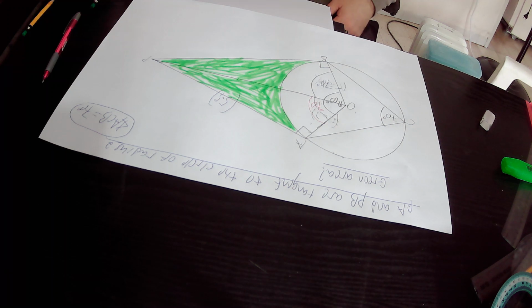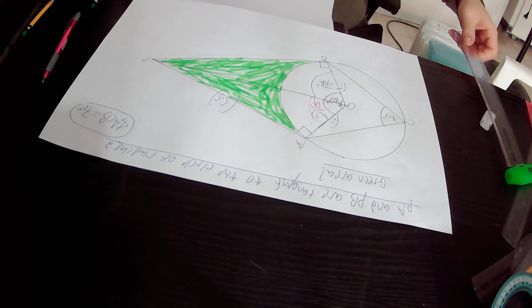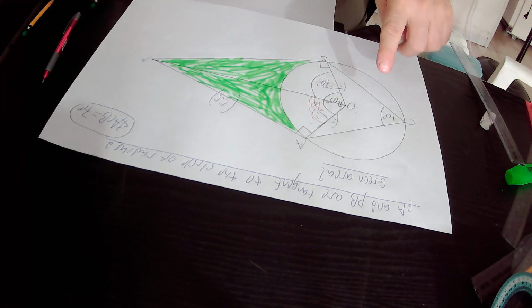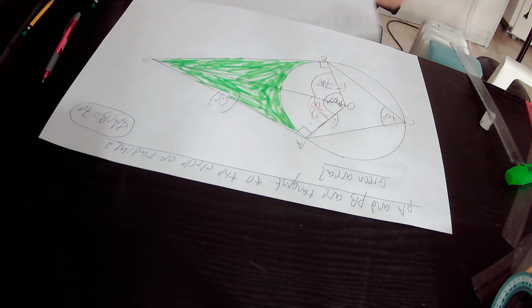The area of the upper right triangle AOP plus the area of the lower right triangle BOP will give us in total the area of quadrilateral AOBP, and then we have to subtract the area of sector AOB from the area of quadrilateral AOBP.